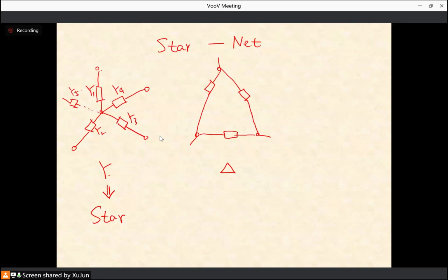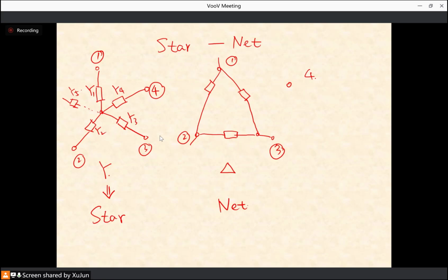For the star connection, for example, for the 4 ports, 1, 2, 3, 4, the corresponding connection is called the net connection. Why call it a net connection? Take 1, 2, 3, 4.